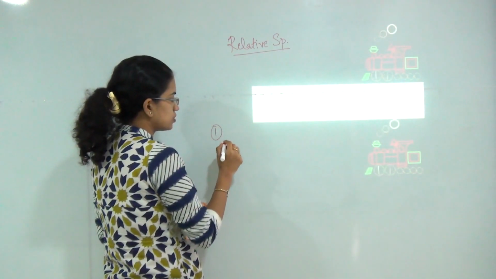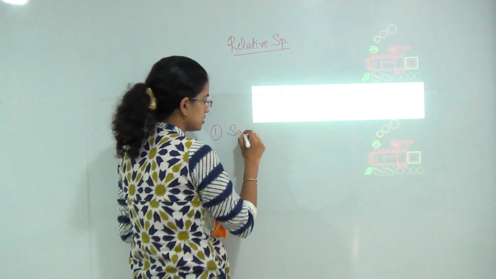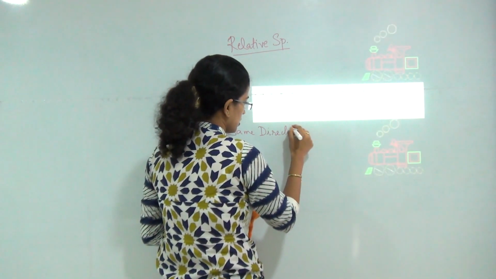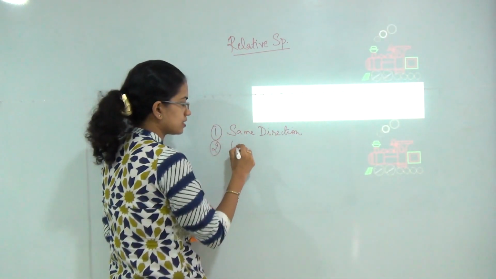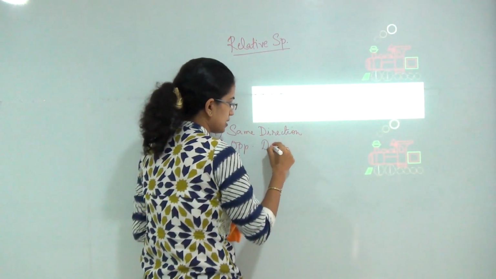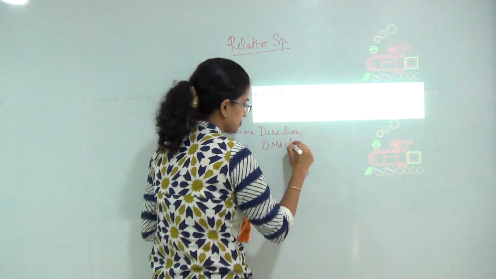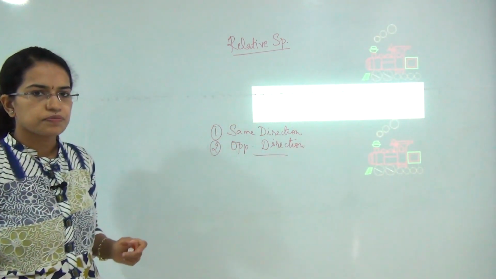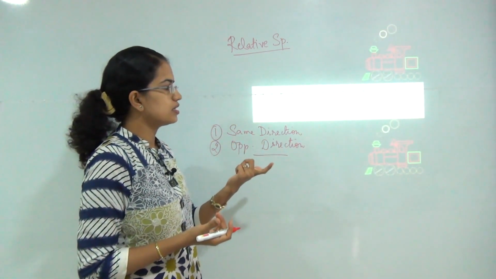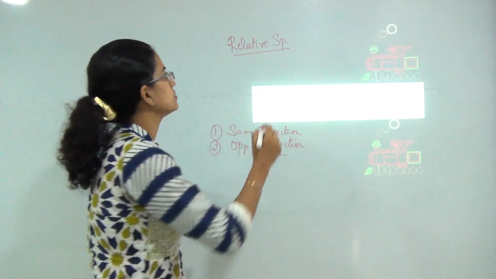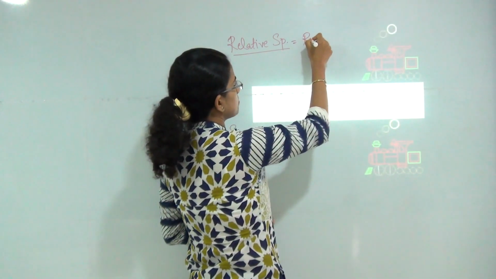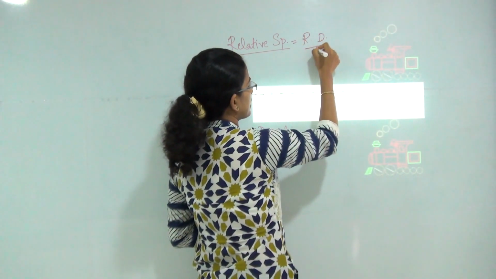First is the two trains moving in the same direction, and the next case is two trains moving in the opposite direction. Now let's first understand what is relative speed. Relative speed is the difference in the speed of two trains or two objects, and we can say relative speed is equal to relative distance by time.